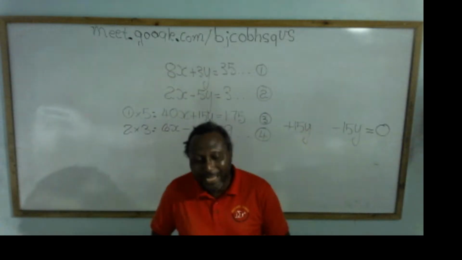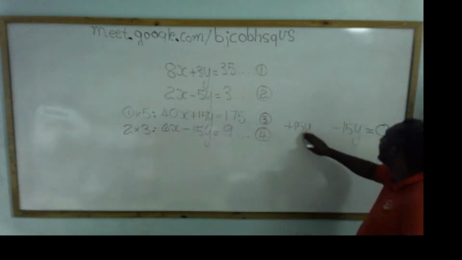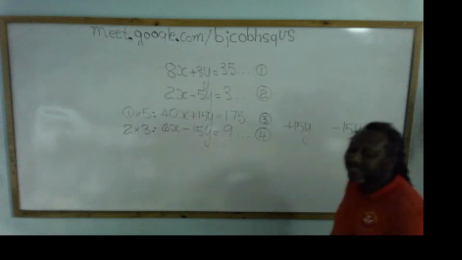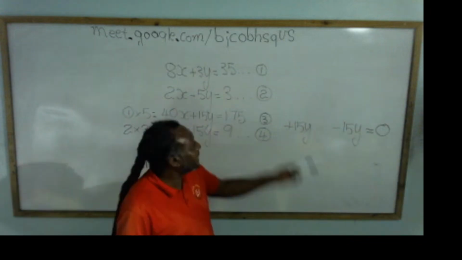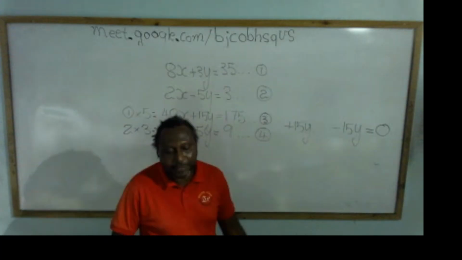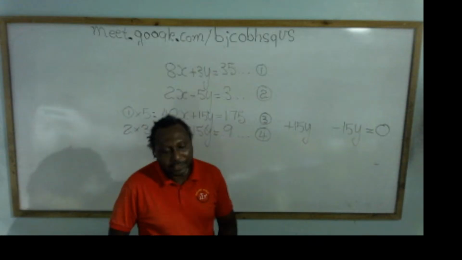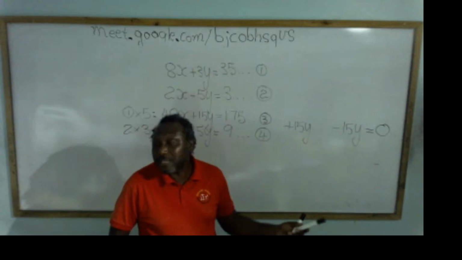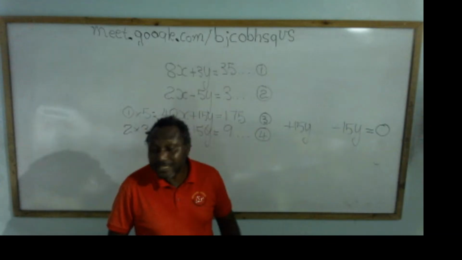Well, we can see that these two are 15, 15, but the signs are different. They have the same value, as you can see, but the signs are different. And of course, earlier on, we discussed the occurrence of numbers and even terms that are like that.